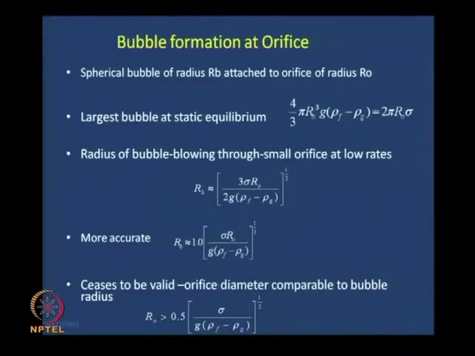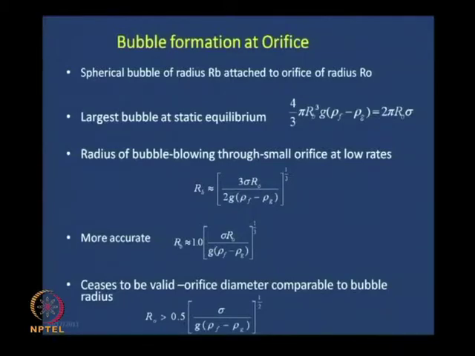Now, we further observe that when the bubbles are formed at a finite rate, the bubble radius or the bubble dimension depends upon a large number of other things also. For example, gas and liquid properties, details of the orifice design, the nozzle and so on.